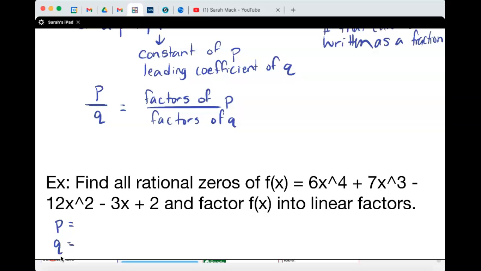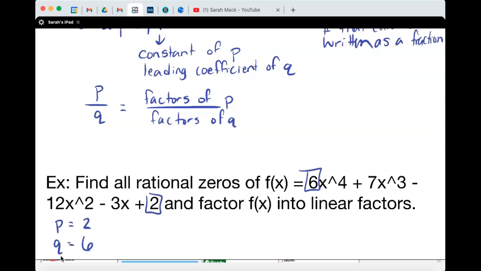We should first identify what p and q are before we start making the list. P is the constant, just the number. Q is my leading coefficient, the number of my largest degree. So 6.